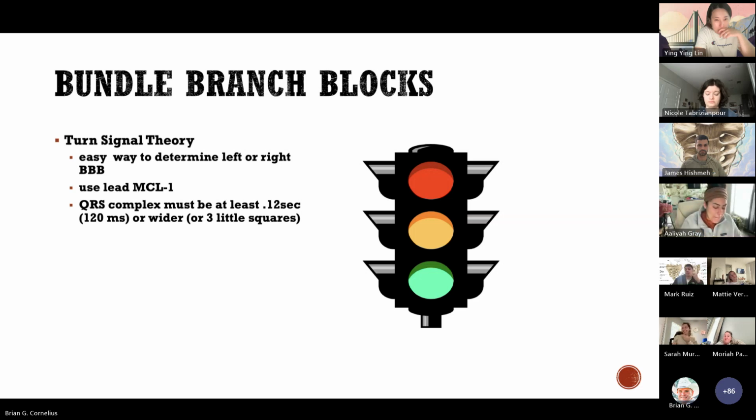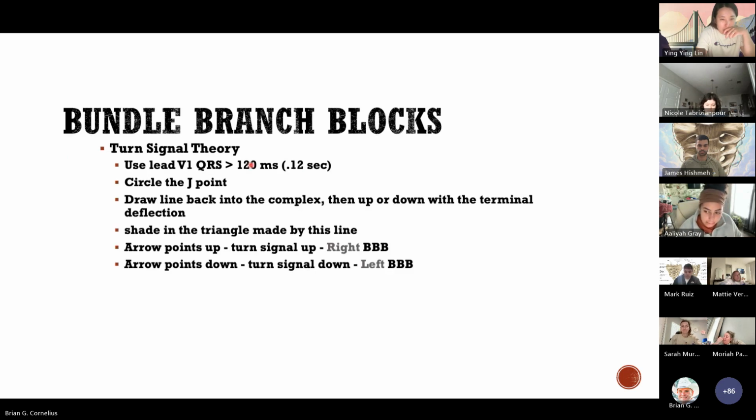All right, so looking at this a little bit closer. We're going to look at some strips here in just a second, but these are the things I need you to remember and how we're going to work through it in a stepwise fashion. So first of all, we're looking at lead V1. We're making sure our QRS is greater than 0.12, and we're going to find the J point.